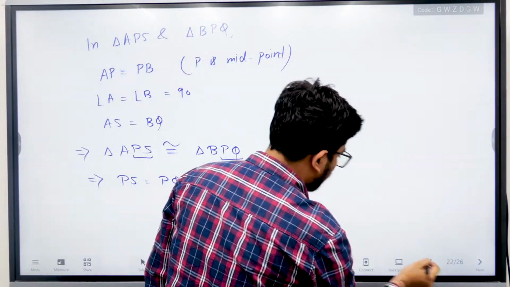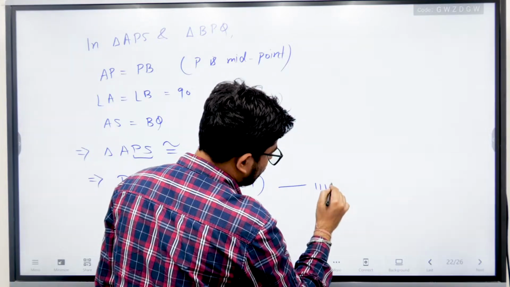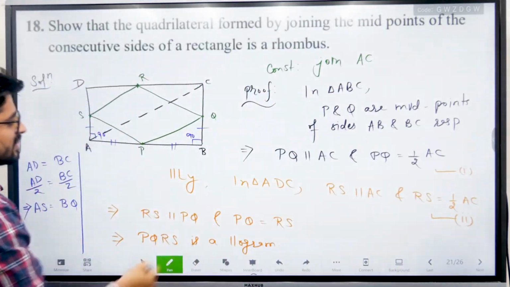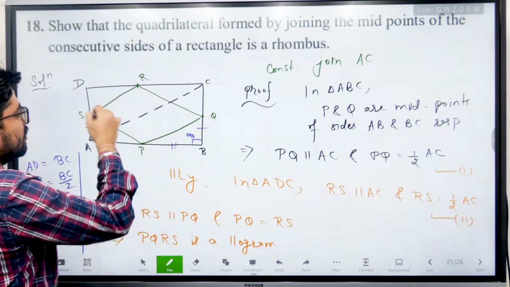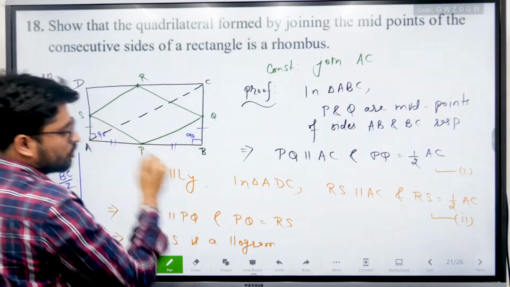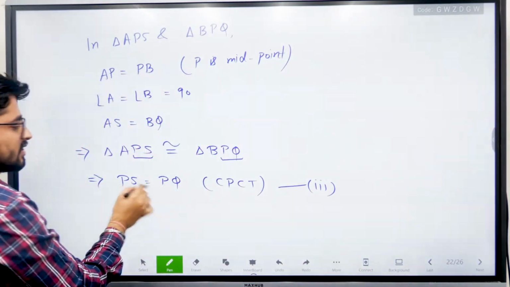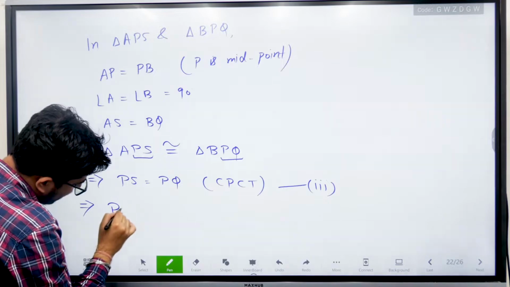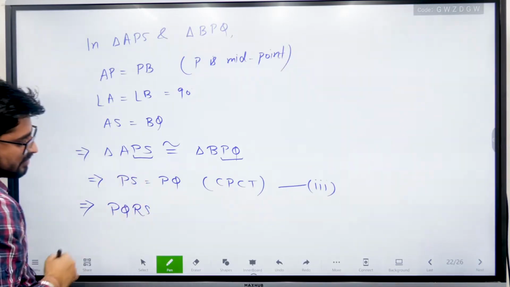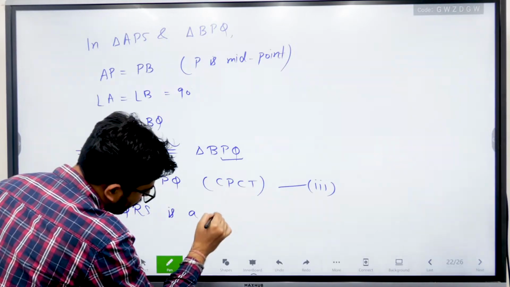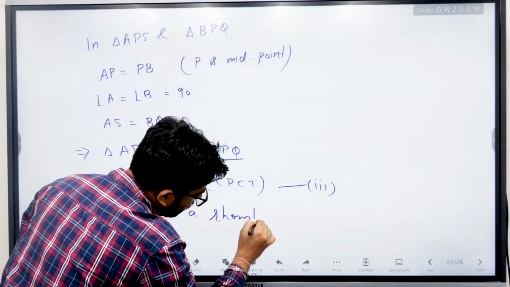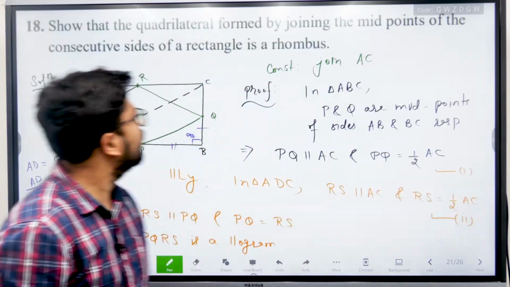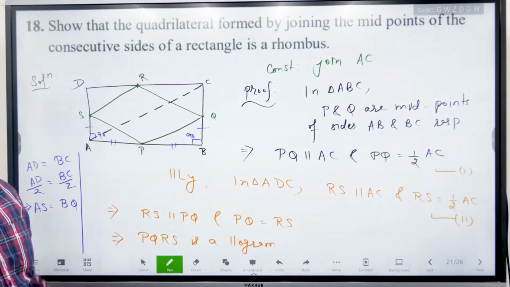Now let's say this is your third one, and PQRS is a parallelogram, and PQ is equal to PS. So PQRS is a rhombus.